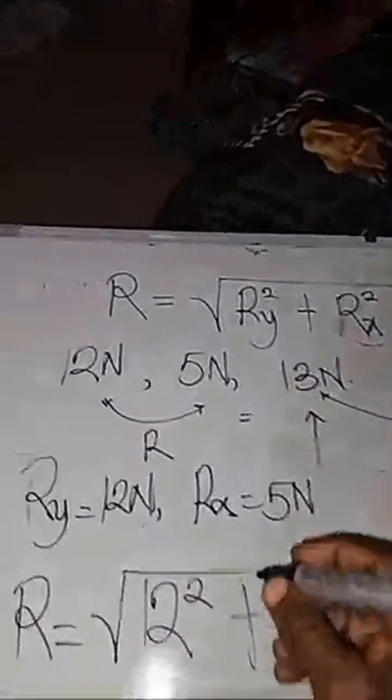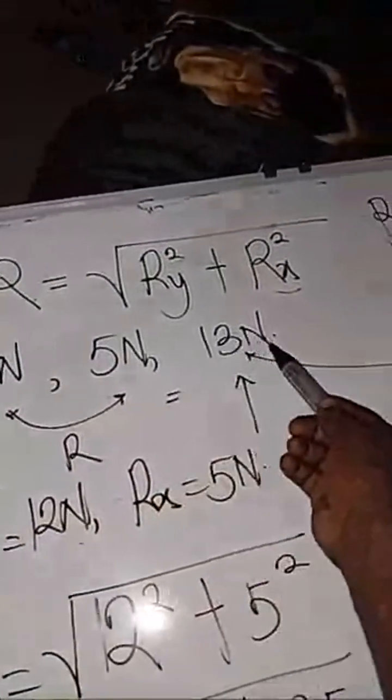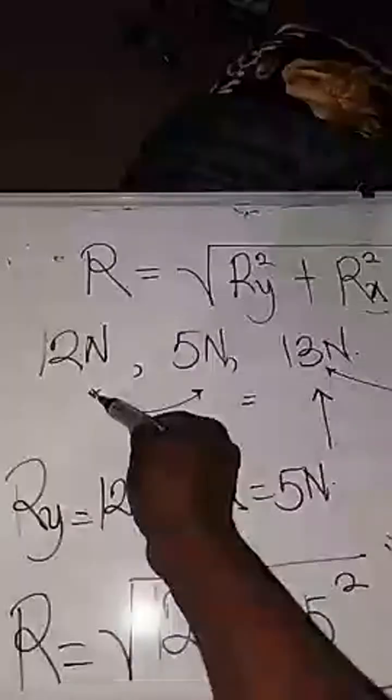All right, now we were given three forces: 12 Newton, 5 Newton, and 13 Newton. And we were told that the resultant of these two forces gave us 13 Newton. They now ask that if the resultant of these two forces is equal to 13 Newton, what is the angle between these two forces?